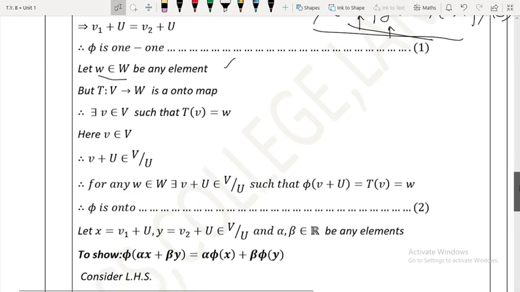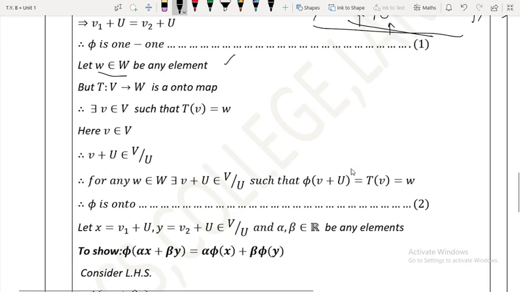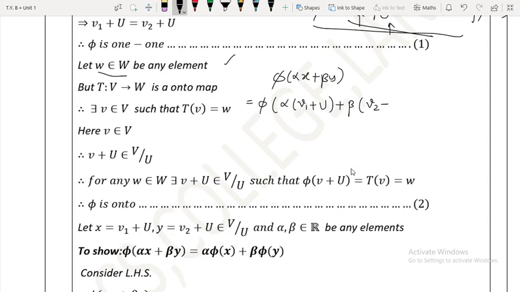I have started with the LHS, that is phi of alpha x plus beta y. Now put the value of x over there. x is nothing but v1 plus U, and y is nothing but v2 plus U, which is further equal to, now you know how we take scalar multiplication.